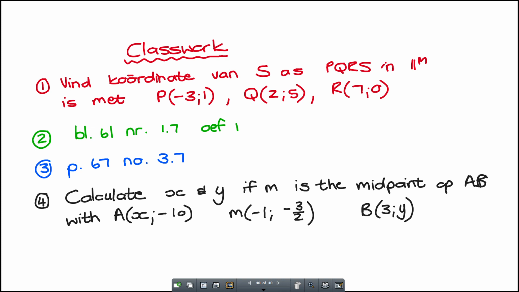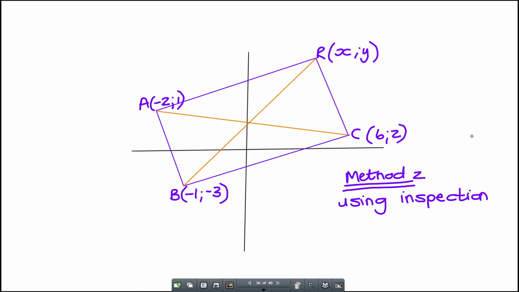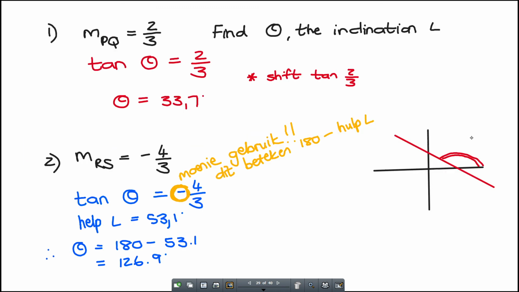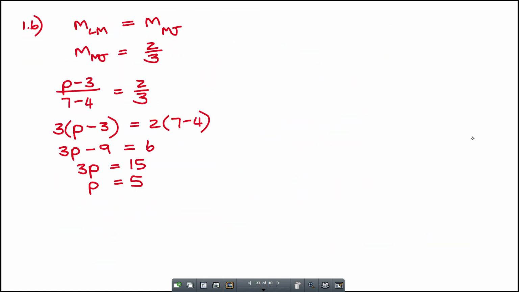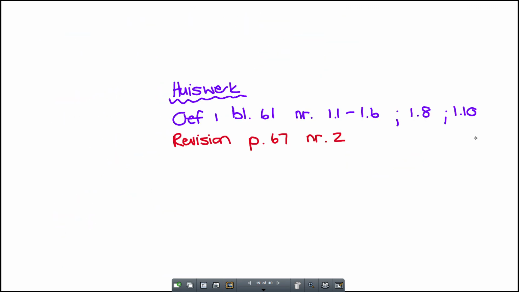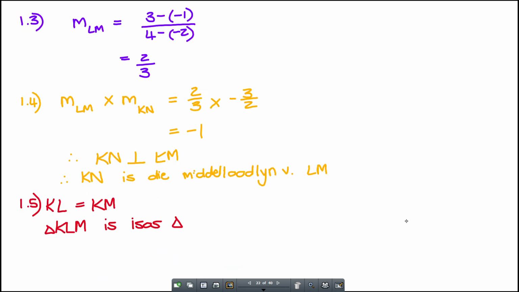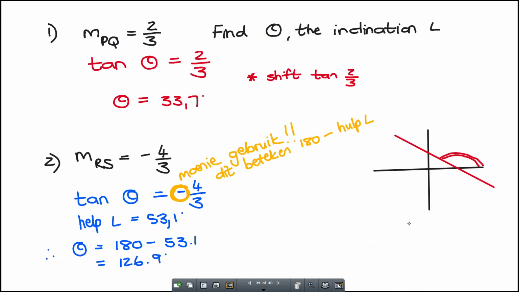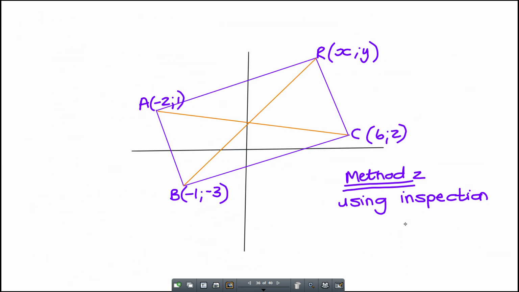Ja man, ek is amper seker daarvan. Ja, kyk hierso. O nee, ons het nie vir 1.7 gedoen nie. Okay, great. Okay, so jy kan maar doen.